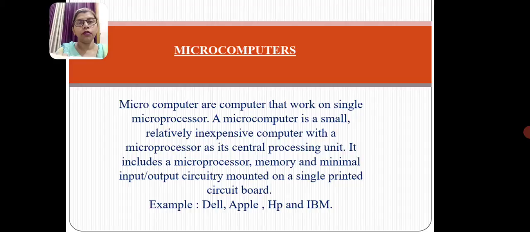A microcomputer is a small, relatively inexpensive computer with a microprocessor as its central processing unit. It is very small in size, and inexpensive means very cheap.